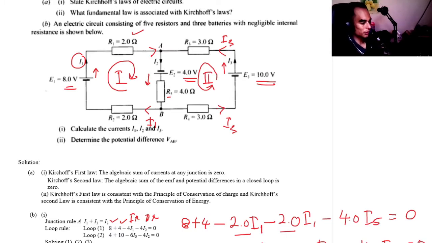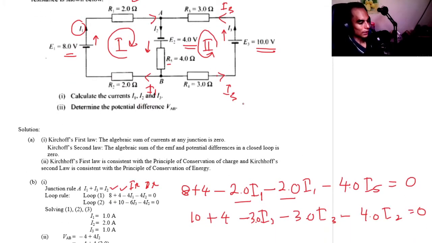Okay, so you end up with two equations, and one more. Remember, at the junction at A, I1 plus I3 equals I2.